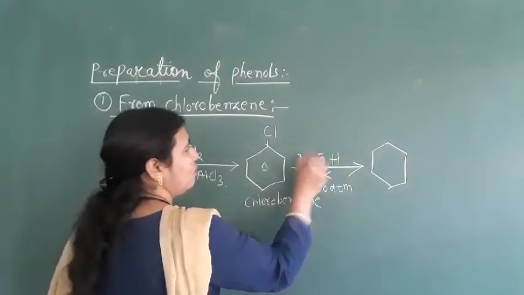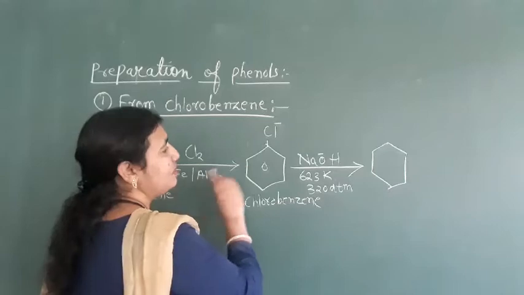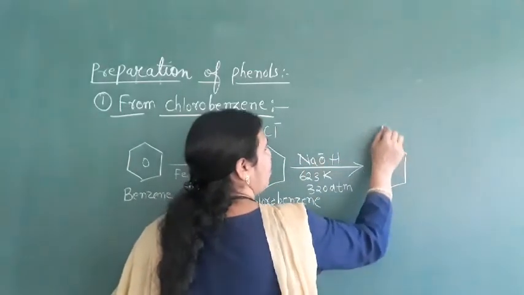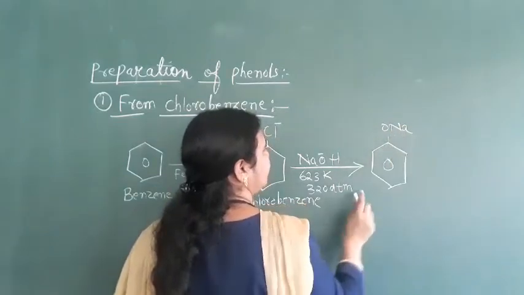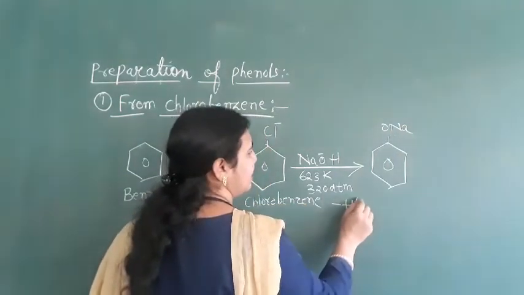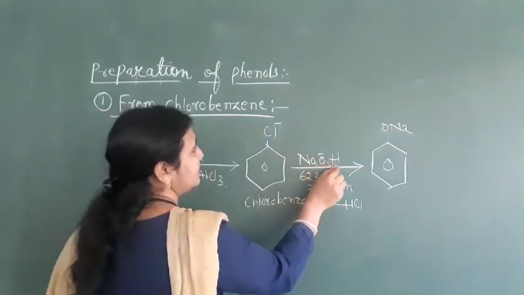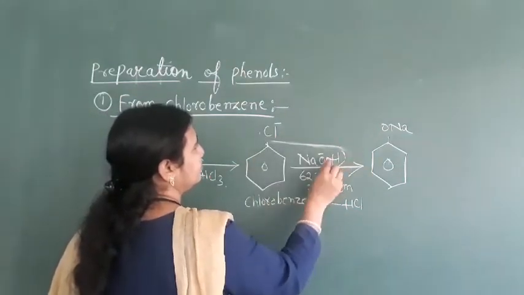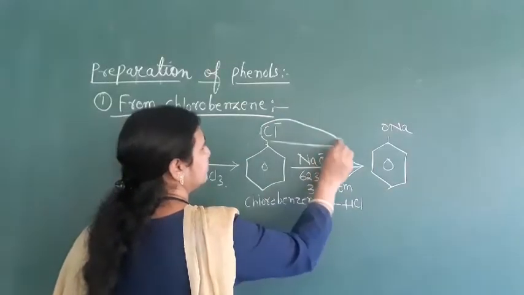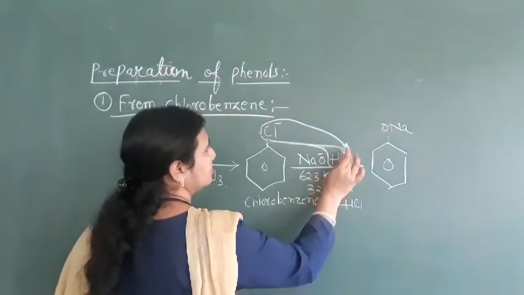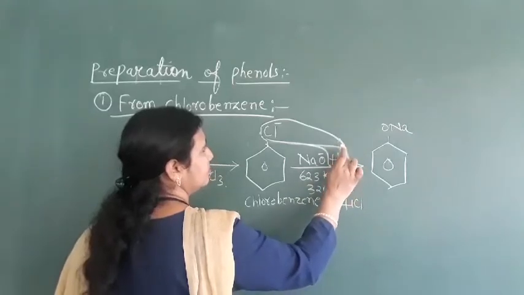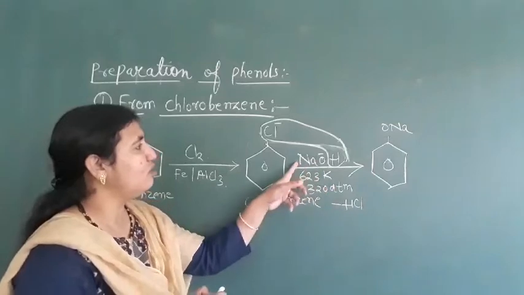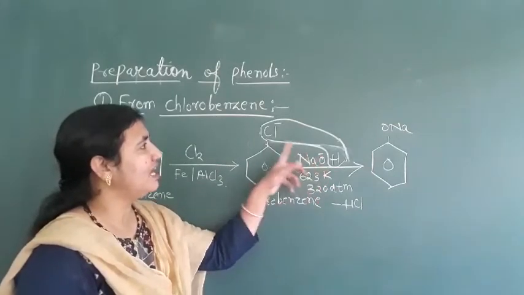So this is NaO minus and this is Cl minus. The ONa will come here, ONa will form, and minus HCl will come out, so this H and this Cl are removed as HCl, and NaO minus attaches here.